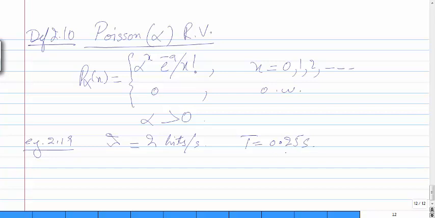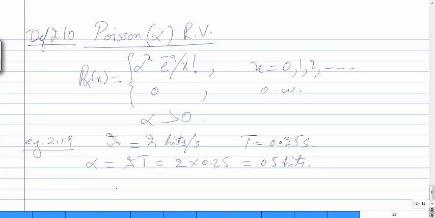And what is the probability of no more than 1 hit? First of all we have to calculate alpha, the number of hits. The time is 0.25, so we multiply lambda times T, that equals 2 times 0.25, which becomes 0.5.